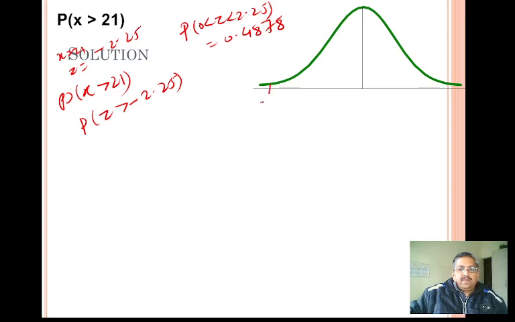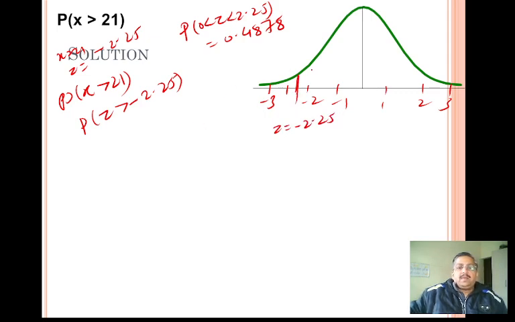So where is minus 2.25? Let's try to identify it here. Say it is minus 3, minus 2, minus 1, similarly 1, 2, 3 are all here, and it is now on the z-axis. So minus 2.25 will be somewhere here, this is minus 2.5, and somewhere here it is minus 2.25. So let's say this value is z equals minus 2.25. And the area of interest is what?